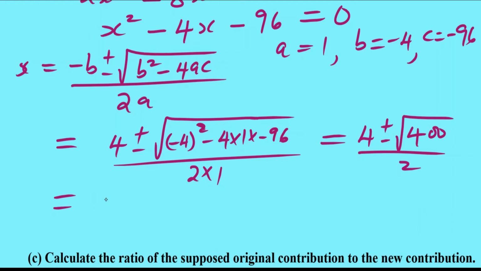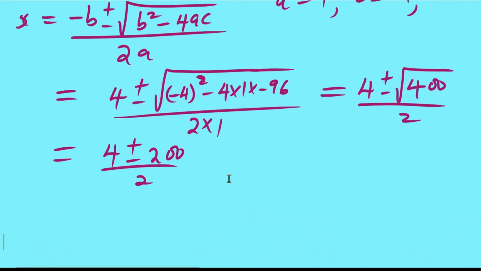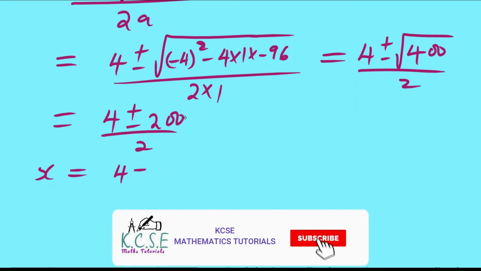So the values of x, this simplified will give 4 plus or minus the square root of 400, divided by 2. Therefore, at this stage, we can now get the two values of x.